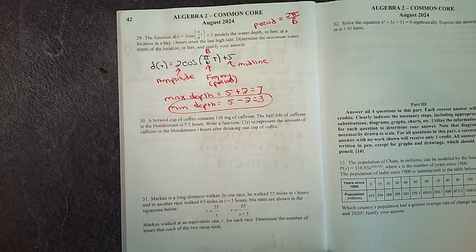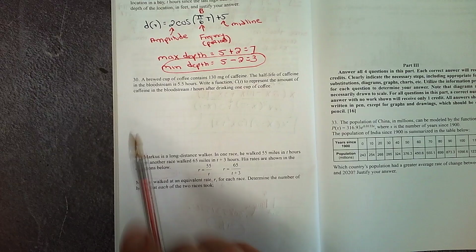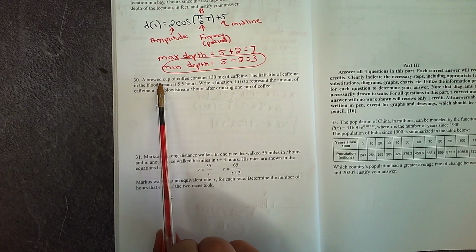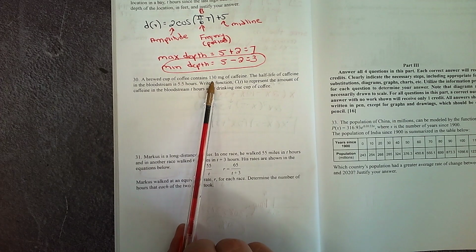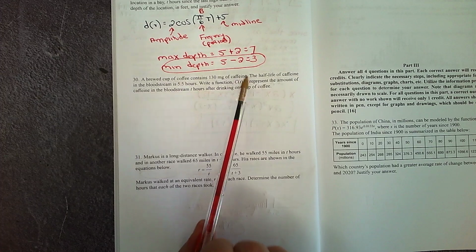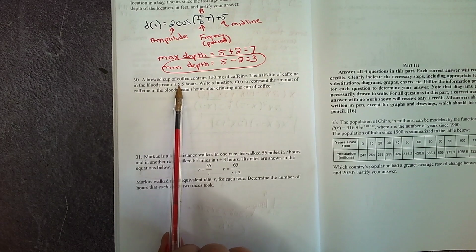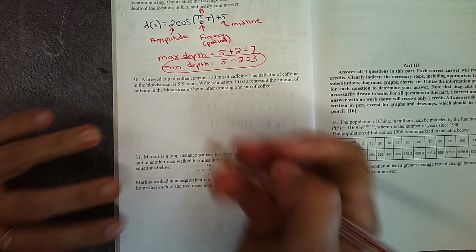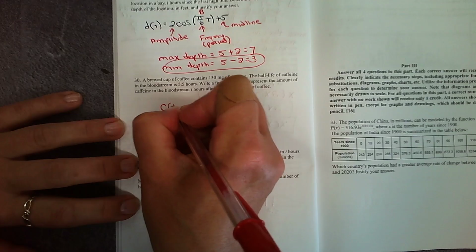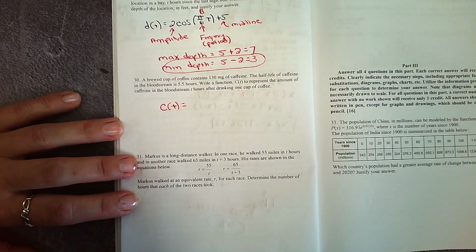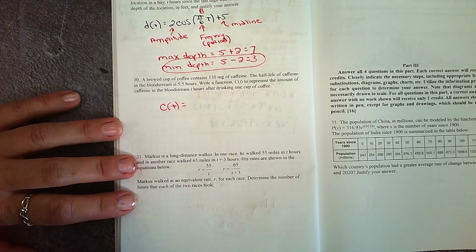Okay. Next one. Okay. A brewed cup of coffee contains 130 milligrams of caffeine. The half-life of it is 5.5. Write a function C of t. So the very first thing I do is write down C of t equals. Then you always start with the original amount.